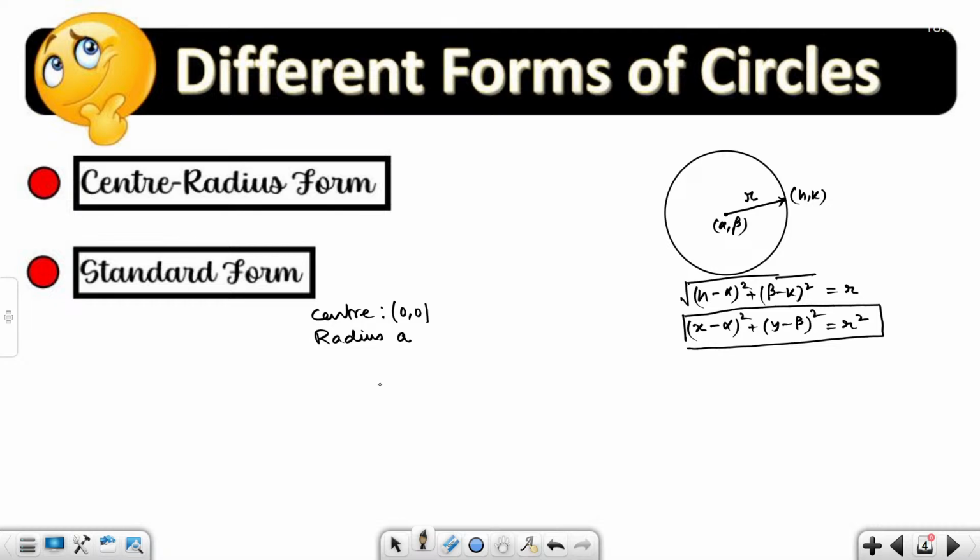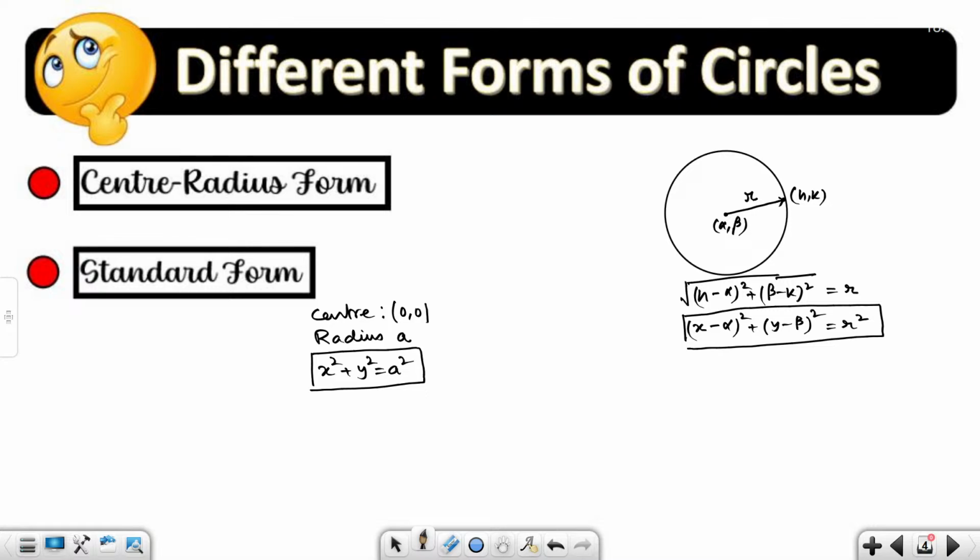Therefore, the equation of the circle will be x square plus y square equals a square. That's it. So this is the standard form of any circle. Standard form means we always consider that its center is at the origin and radius is a units.